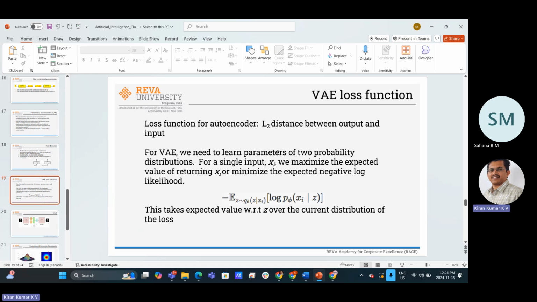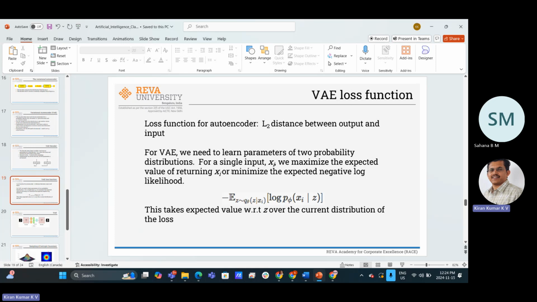So VAE needs to learn the parameters of two probability distributions. What are the two probability distributions which are coming into the picture here? The probability distributions at the input xi and the reconstruction. Input also has some probability distribution, output also has some probability distribution.